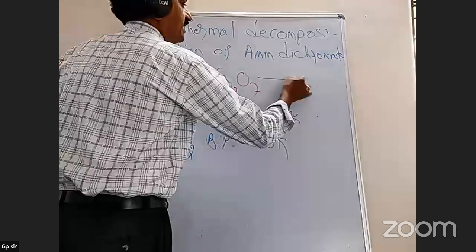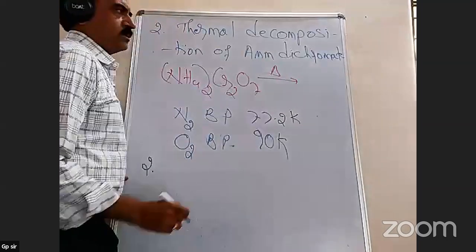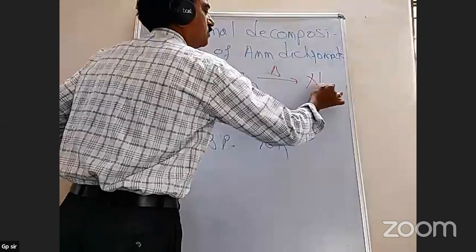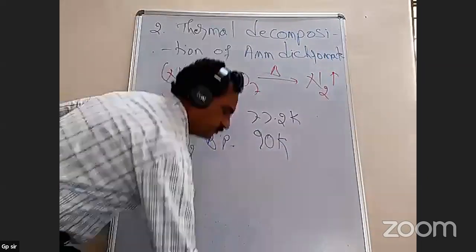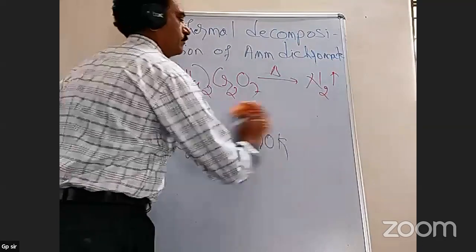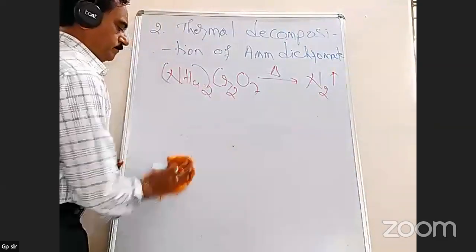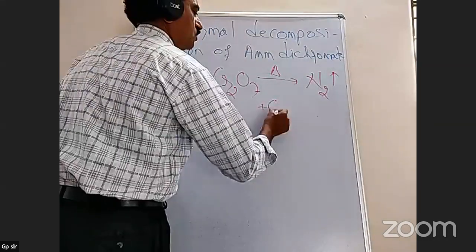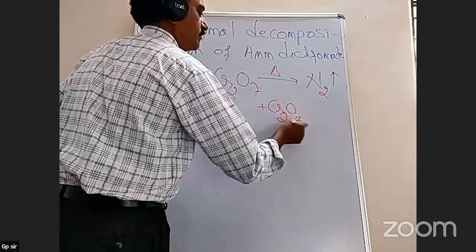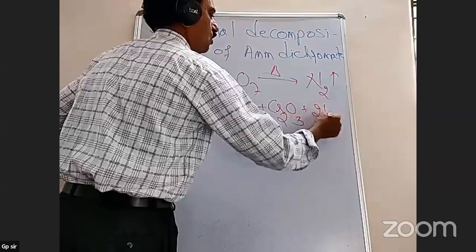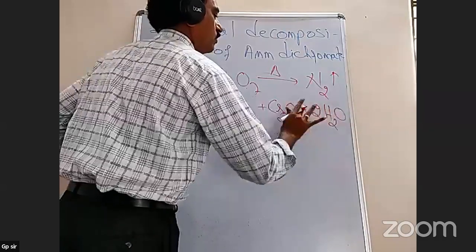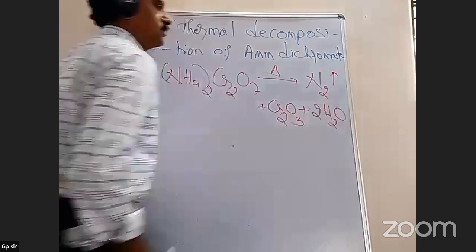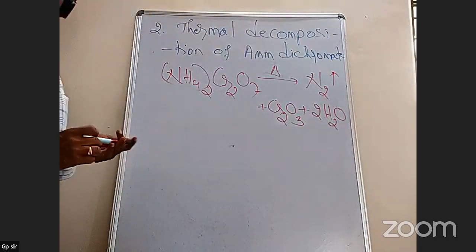When it is heated to high temperature, it will decompose into N2, Cr2O3 and 4H2O. Ammonium dichromate will decompose like this.